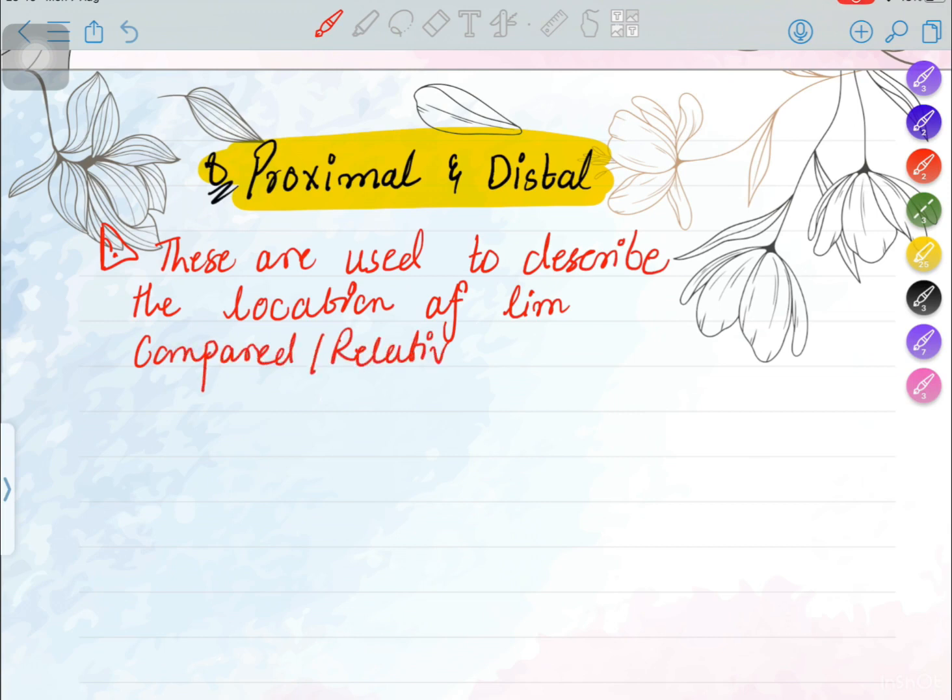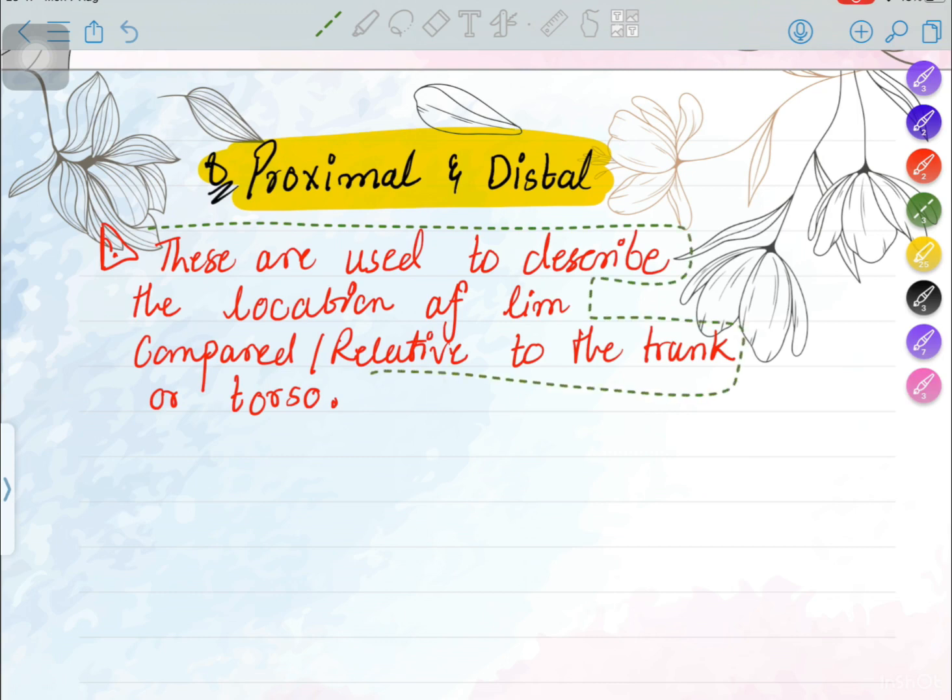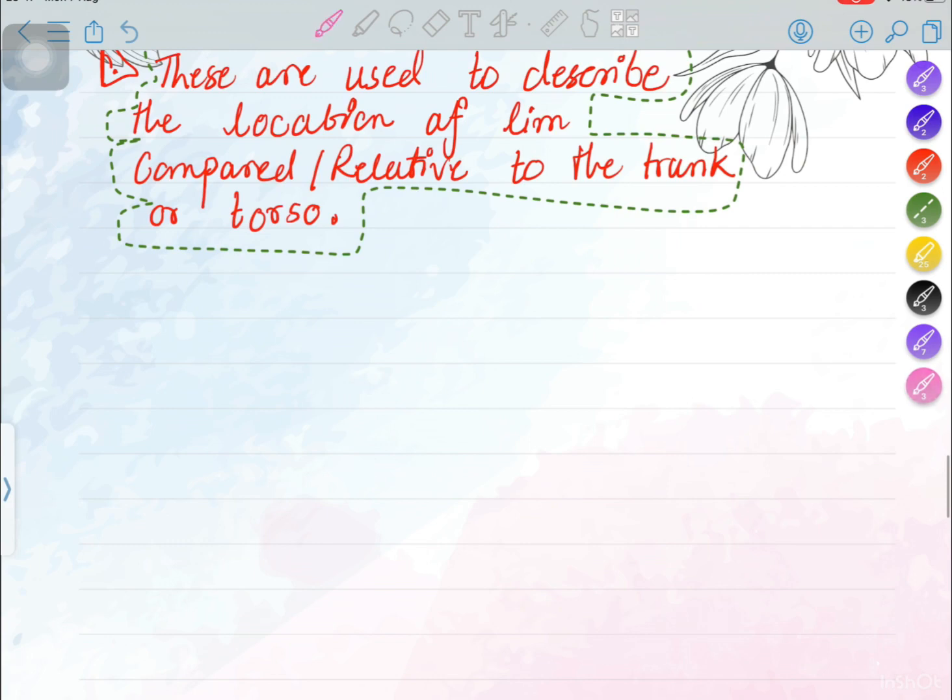Now, for proximal and distal, again, we use these terms differently. Remember I used medial and lateral when we divide our body into left and right, when we talk about the middle. It's the same thing as the slang you use with your friends versus the more respectful language you use with your teachers.